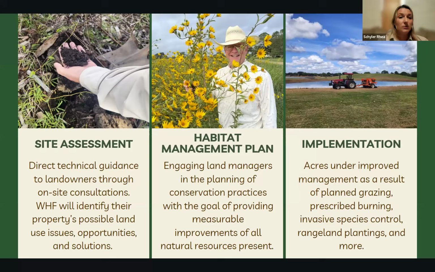If you're wanting to do more of a planned grazing regimen, we can help you with that, prescribed burning. So we're there from point A to point B to address the issues, plan the solutions, and then actually help make that happen.